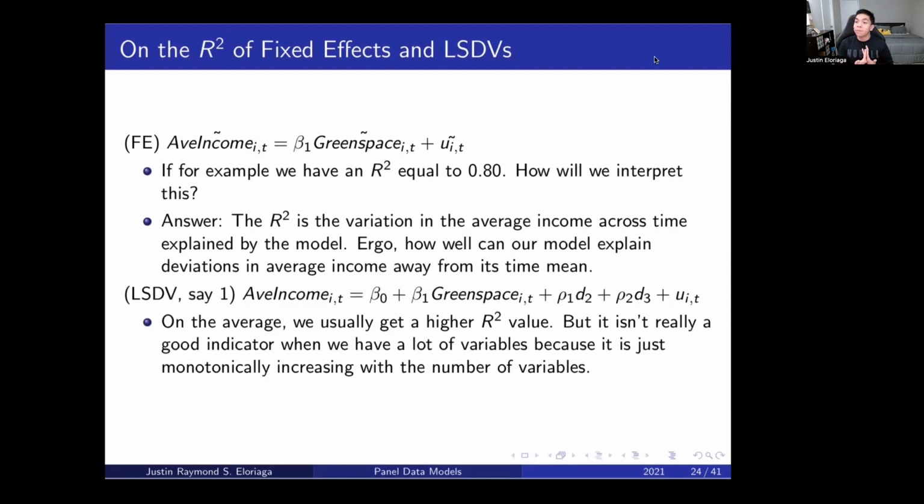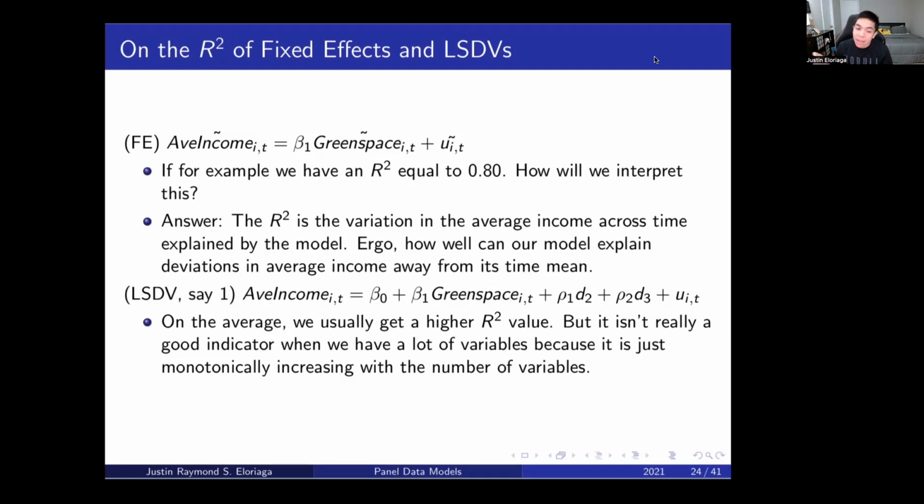If you do LSDV1, on average, we usually will get a higher R squared, simply because LSDV1 will include more variables on the right-hand side, right? You're using more regressors, and in general, the R squared is monotonically increasing with the number of regressors that you have, right? So because you're using additional dummy variables, and in the time averaged one you're using no dummy variables, well, of course, the R squared will be somewhat higher in the LSDV case, right?